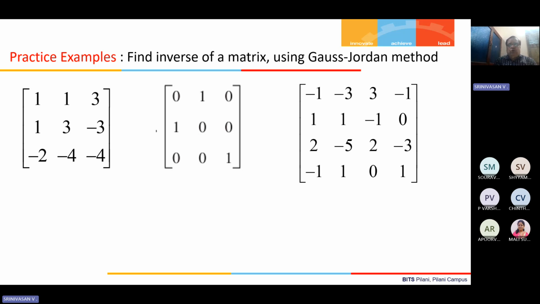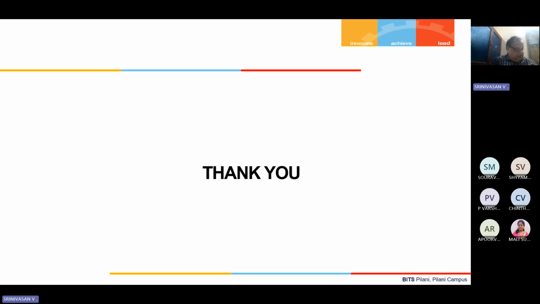Since this is new to you compared with what you studied in school, finding the inverse through determinants using the formula A inverse equals 1 by determinant A into adjoint A, you may definitely be asked to find the inverse of the given square matrix using the Gauss-Jordan method, by making them from A I to I A inverse. If there are any queries, I can answer.